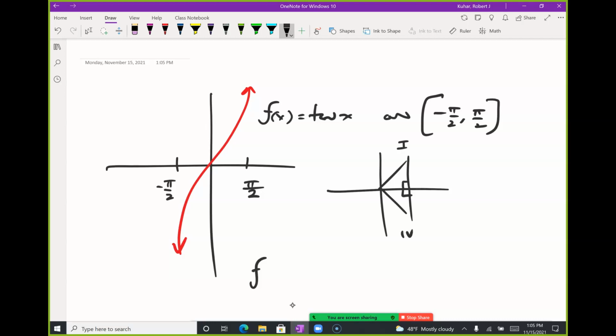And then f inverse of x is the arctan of x on minus infinity to infinity. Notice I'm grabbing the domain of the inverse from the range of the original. So I want to be thinking about those two things.